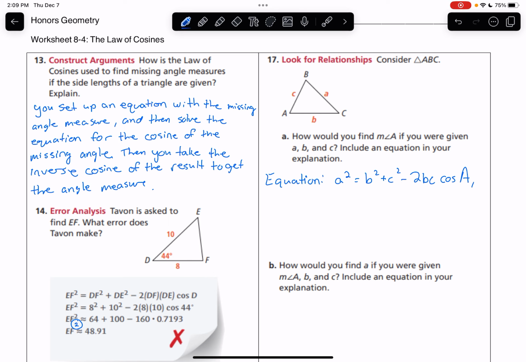So we'd solve for cosine of A, then take the inverse cosine of the result.